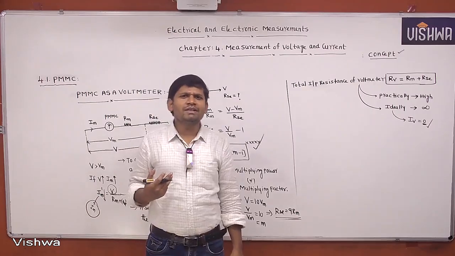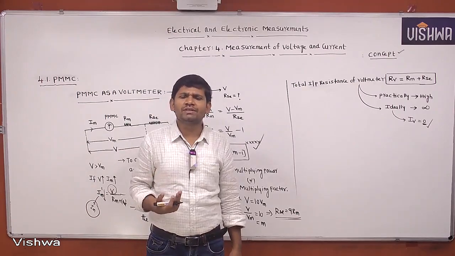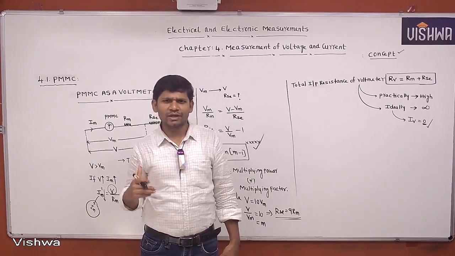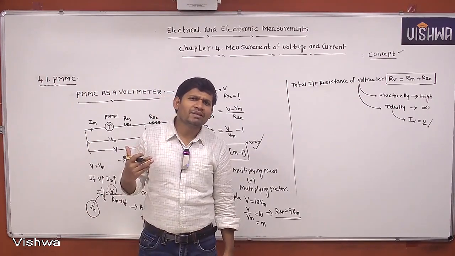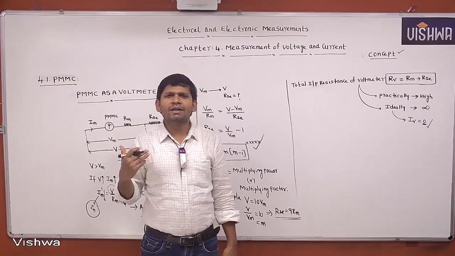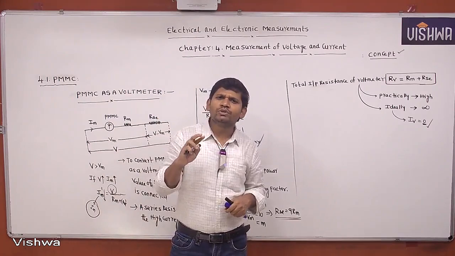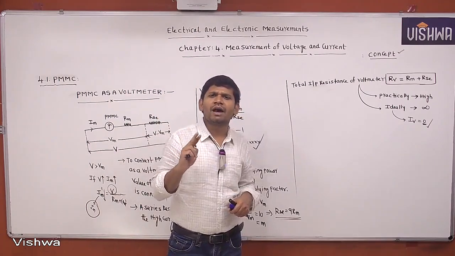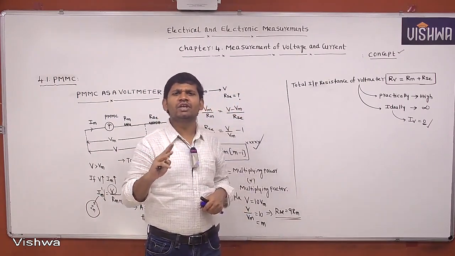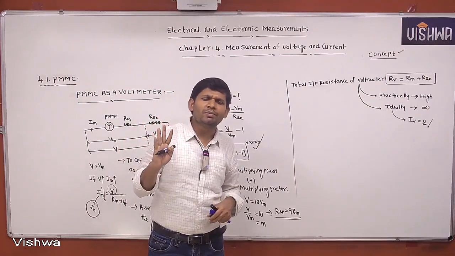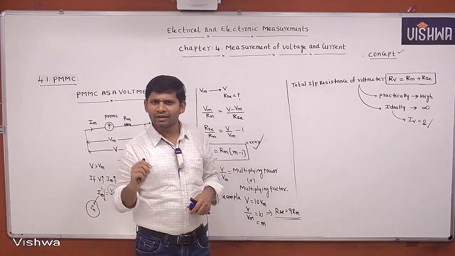For that we can implement multi-range voltmeters. These multi-range voltmeters are implemented by using two methods. One is using individual series multipliers. Another one is using potential divider arrangement. Now we concentrate on the individual series multiplier method and the potential divider arrangement method.